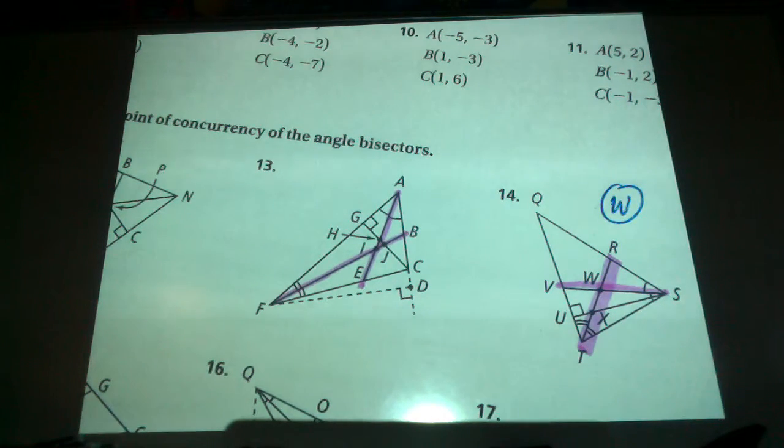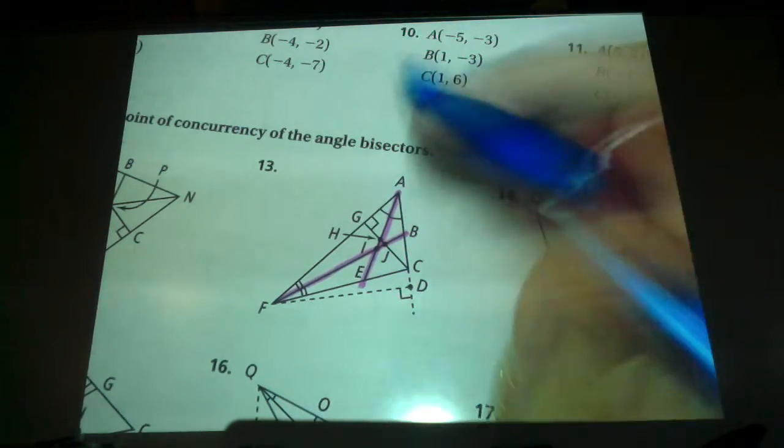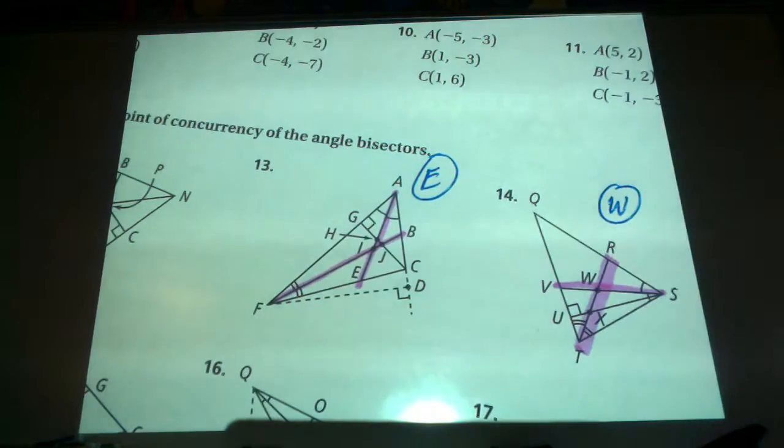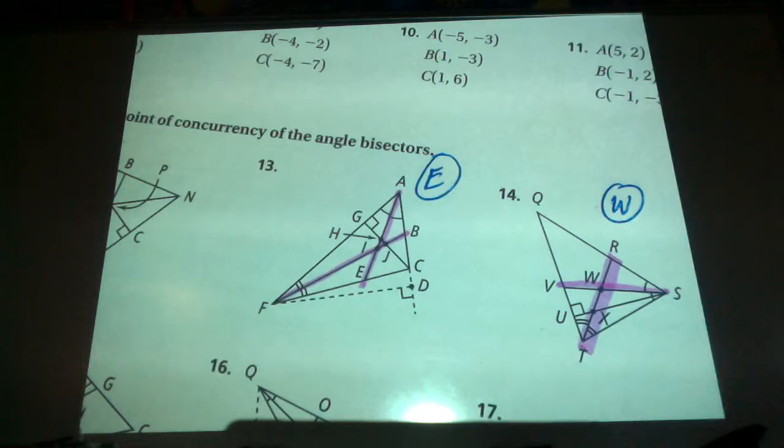Where is the point of concurrency? Where do those 2 lines intersect? At H, at J, or at E? What point is on both lines? E for Edward. So E is your point of concurrency. So you can see it can get a little confusing depending on how they give it to you.